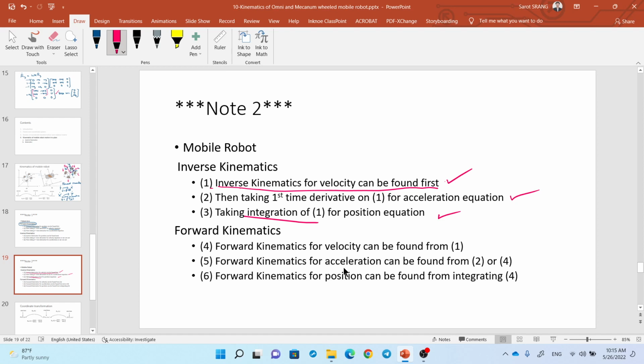And then forward kinematics can be found using equation 1 here. From the inverse kinematics, you can directly find forward kinematics. Okay. And then you take the time derivative of the velocity equation to have the acceleration equation. You can use equation 2 or equation 4. Okay. And just do some manipulation of the rotation matrix, and then you can have the equation that you want.